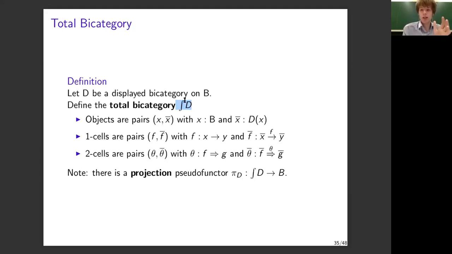It is just a one-type together with an algebra structure. So you take the pairing. And you will do the same for the morphisms and two-cells. So the objects are just paired with something in B and something over it. The morphisms are pairs of a morphism in B and a morphism over it. And the same for two-cells, just a two-cell in B with a two-cell over it.